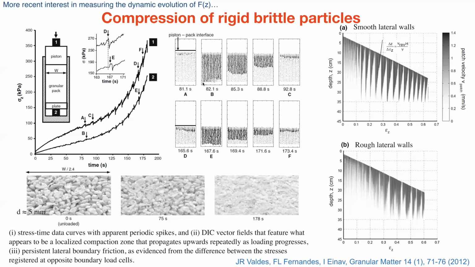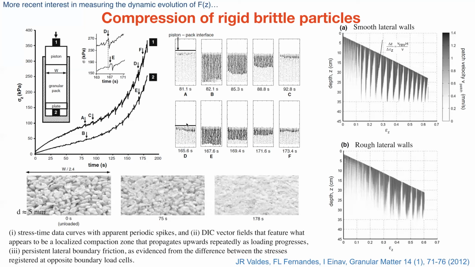And you can see here that the particles at the bottom are crushed during the compression, producing that all the particles move at the top, and then this part becomes solid, and the crushing happens more at the top. Then this compaction band travels upwards through the granular sample, reaching the surface of the granular bed.